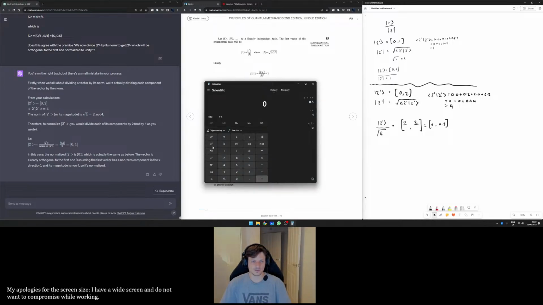So the square root of 4 equals 2. So this does normalize it. Okay, so then it's going to be 0, 1. Okay, I see.